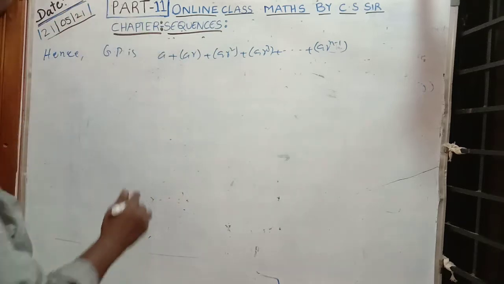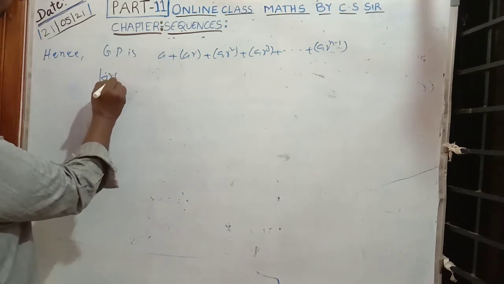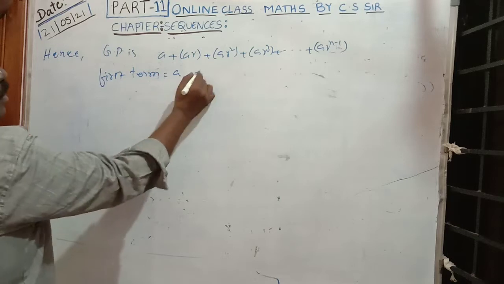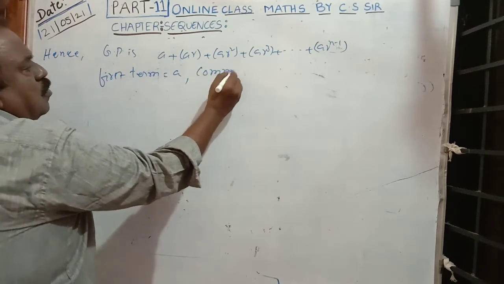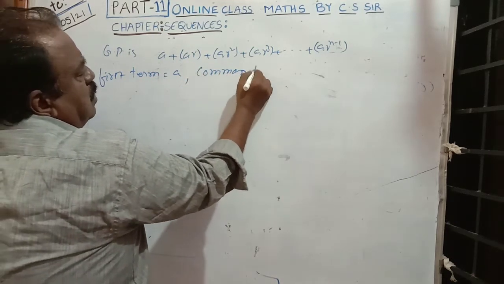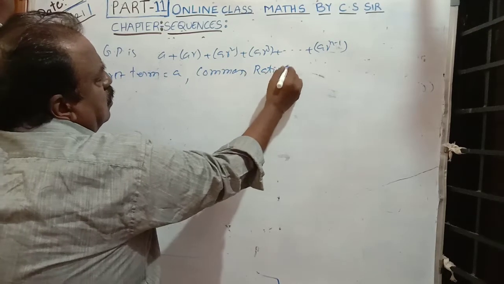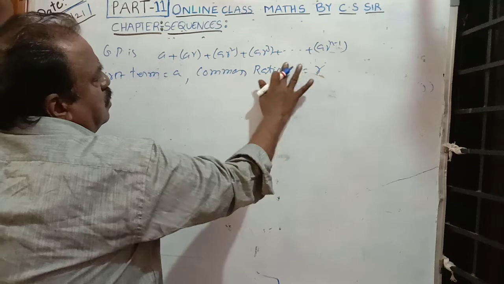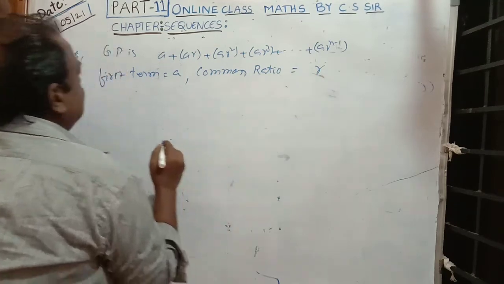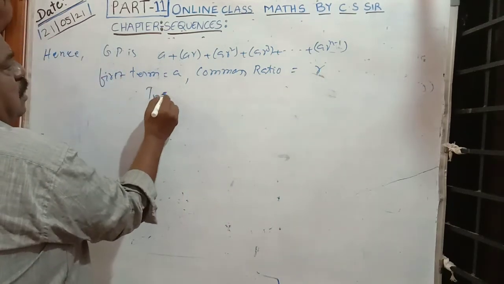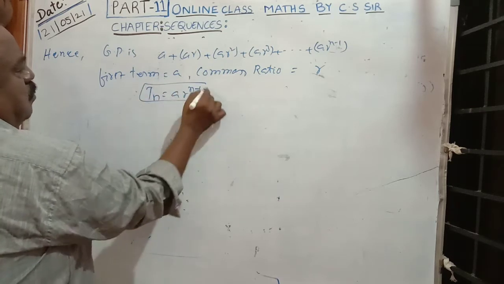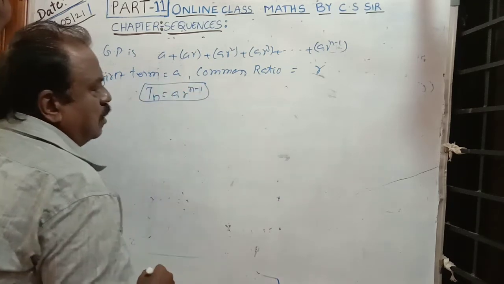This is GP. The first term is a, the common ratio is r. The nth term Tn is ar^(n-1). We learned about these three concepts.